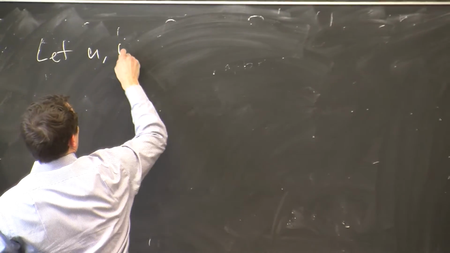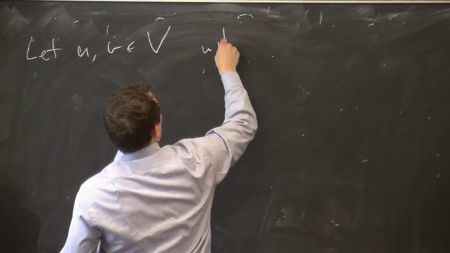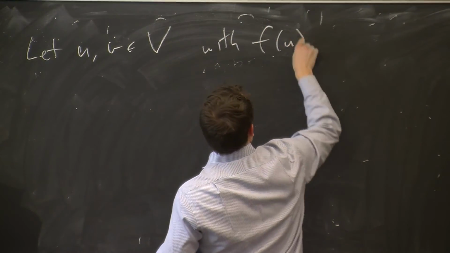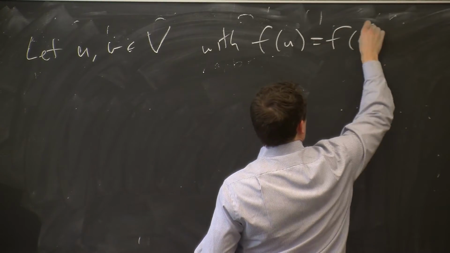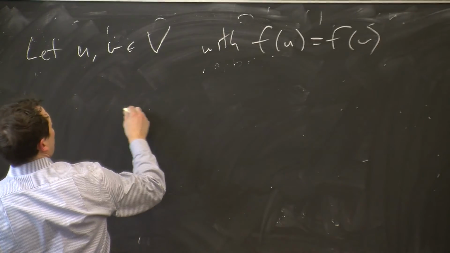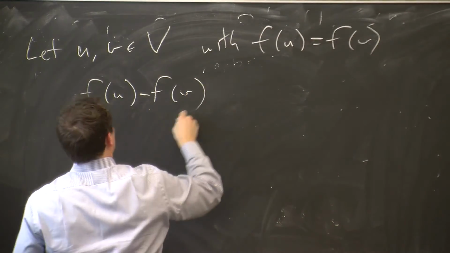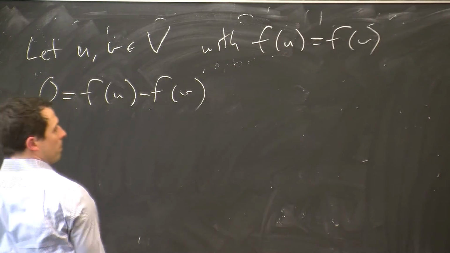And I take two elements u, v in my vector space, and they have the same image: f(u) is equal to f(v). Then f(u) minus f(v) is a way to write 0.